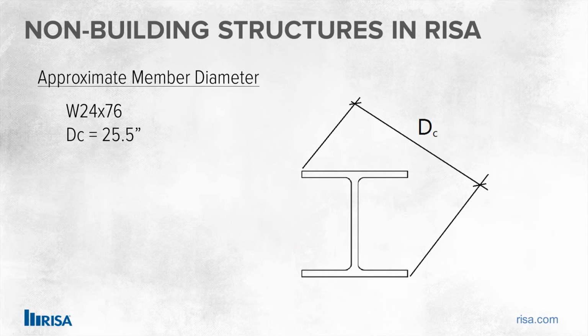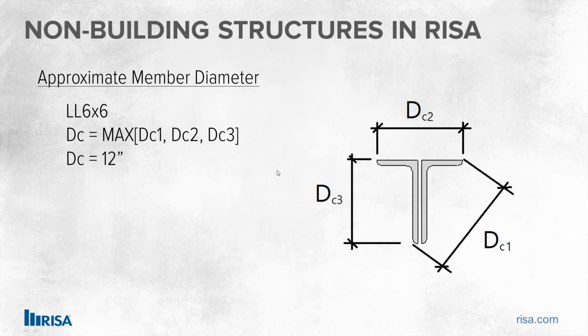And so taking a look at the tank legs, we can see here with the W24x76, the approximate member diameter, and this is what we use to figure out how much ice forms on it, is about 25.5 inches. For the tank leg bracing, that's these double angles, and so for that one, we actually have to take a look at 3 different potential dimensions that we could have that could control.